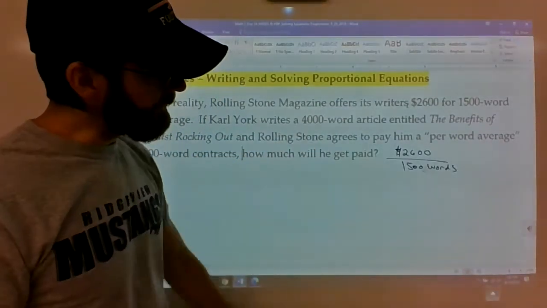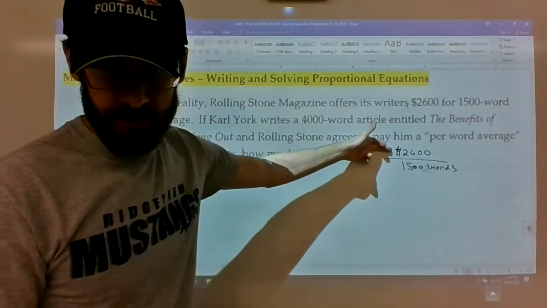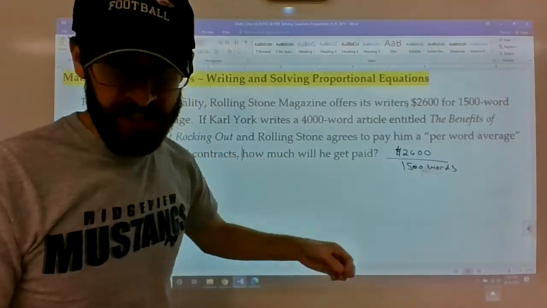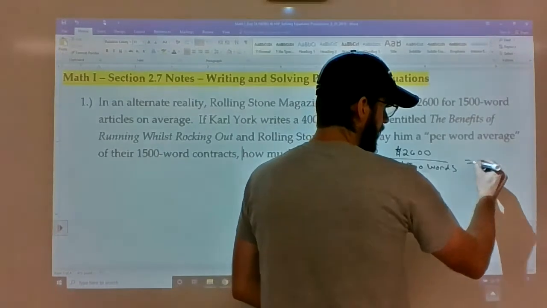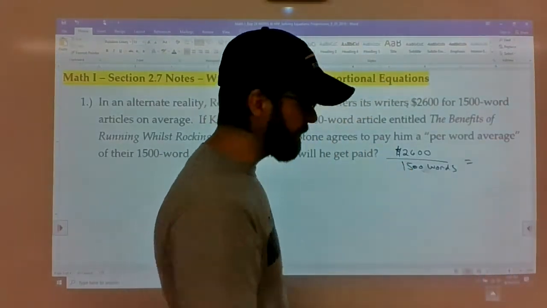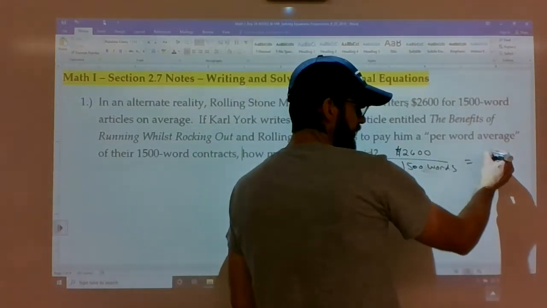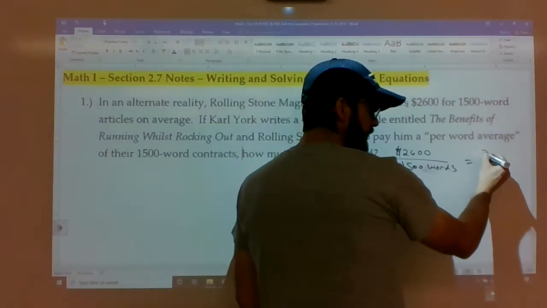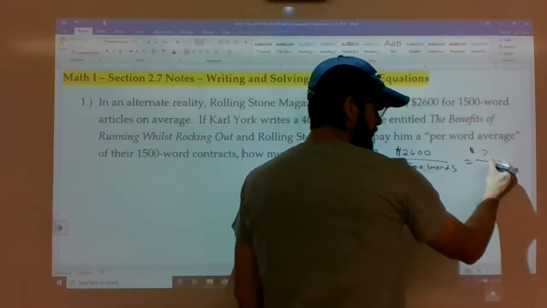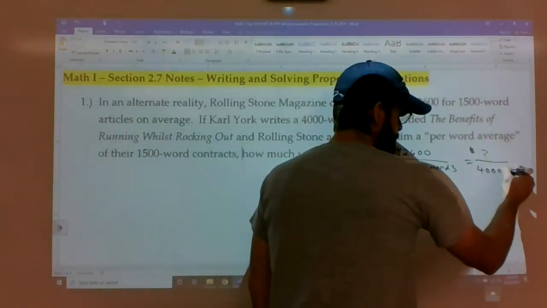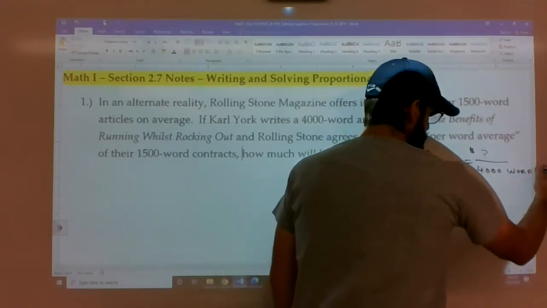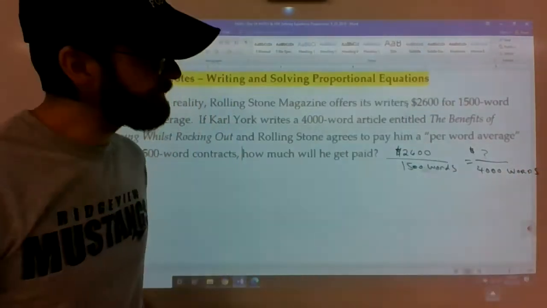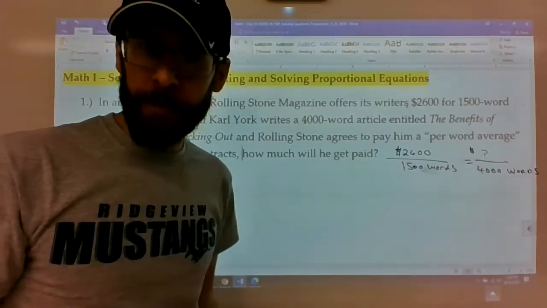So they're saying $2,600 per 1,500 words. How much are we going to pay you? We're going to pay you an unknown amount of dollars per 4,000 words. And that's kind of how the proportion works.